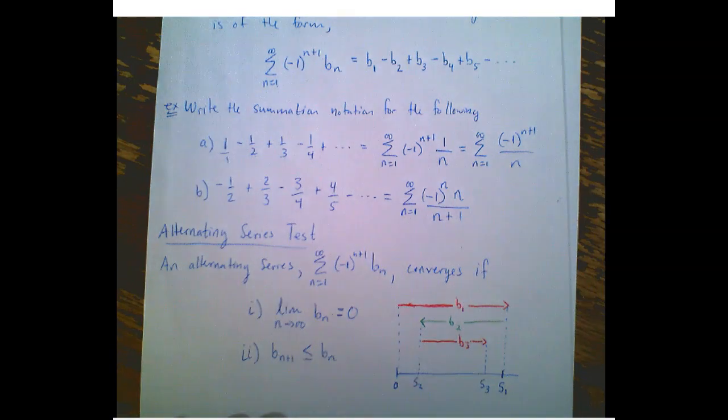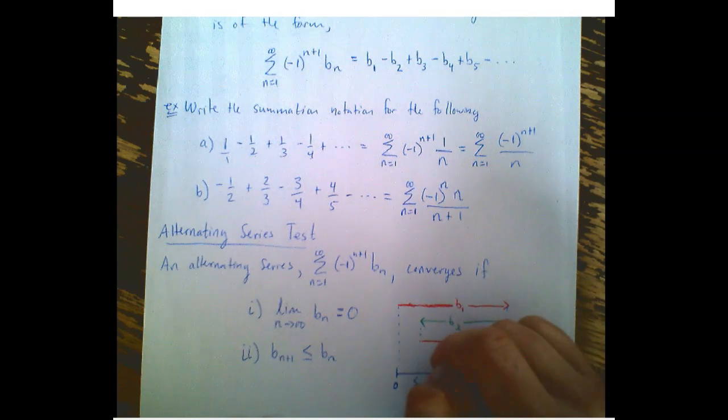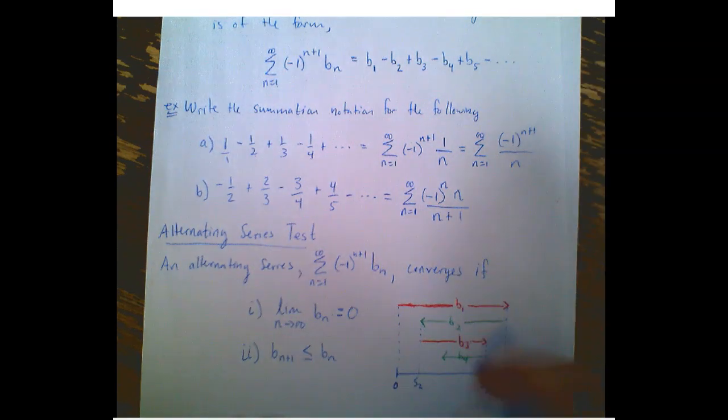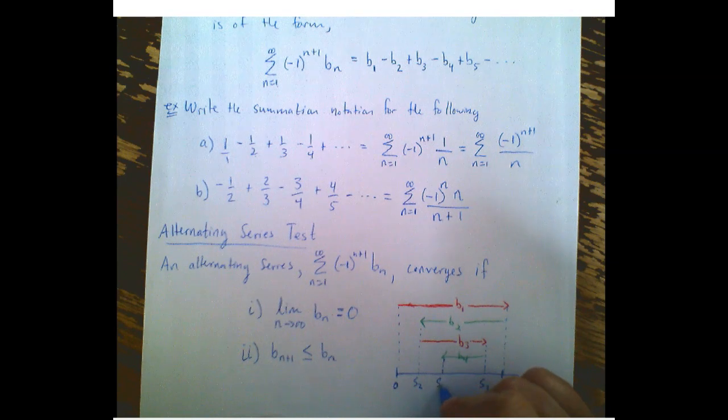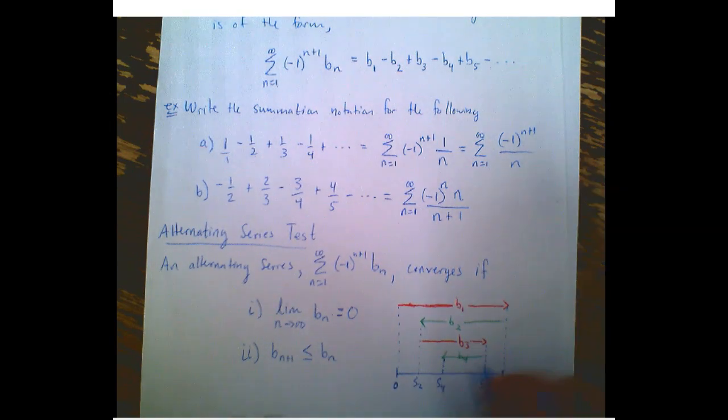Okay. And then we continue to do this ad infinitum. This is an infinite series. So our fourth partial sum would be here because b4 is a negative value, so it's going to send us in the opposite direction, but it's a smaller magnitude than b3. And we do that forever and ever and ever.